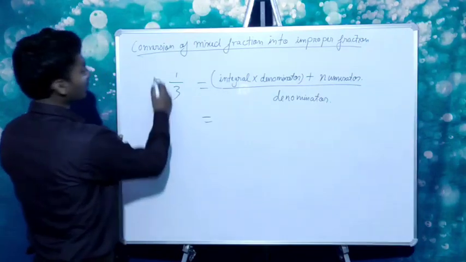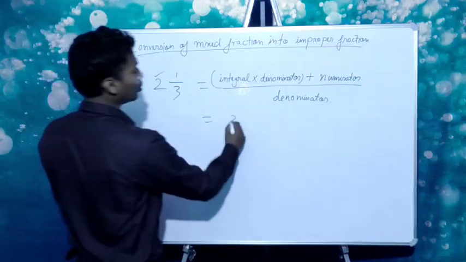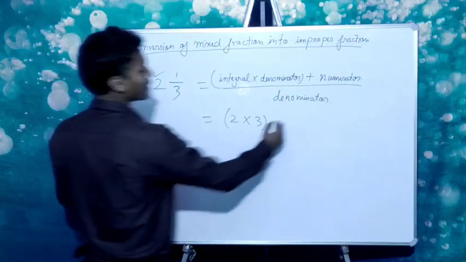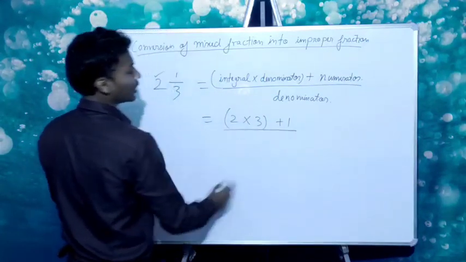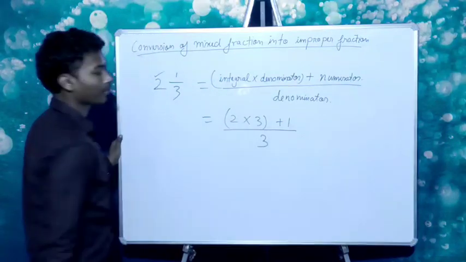So the integral part is 2 and the denominator is 3. So 2 multiplied by 3 plus the numerator, that is 1, whole divided by the denominator itself, that is 3.